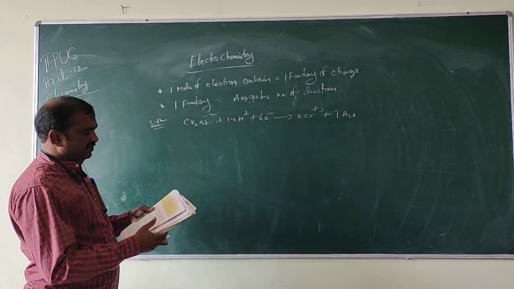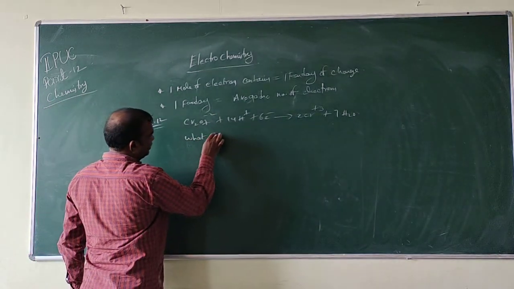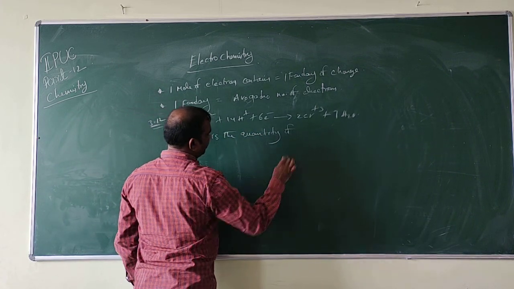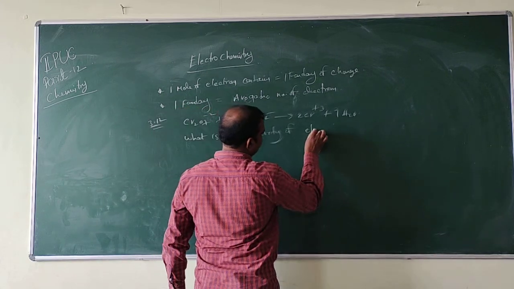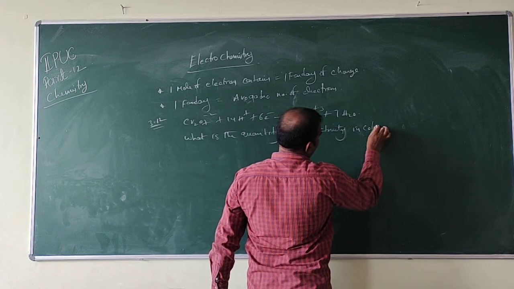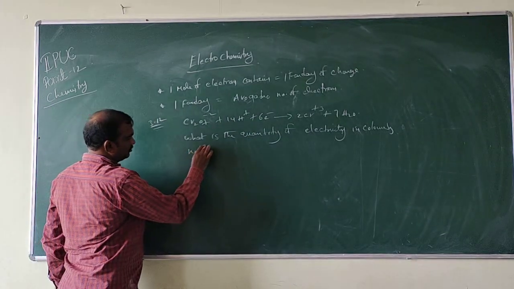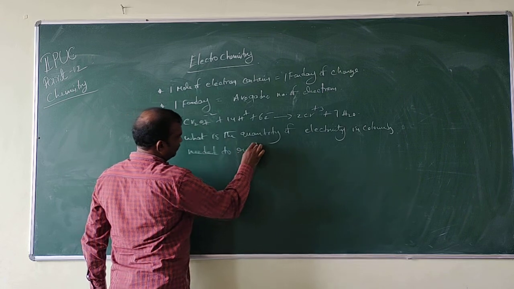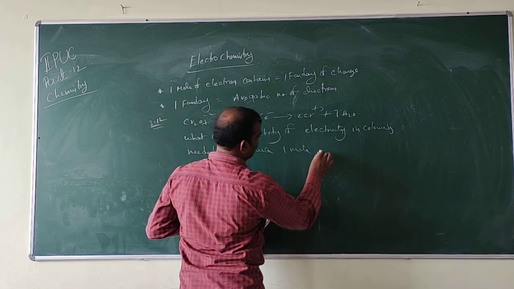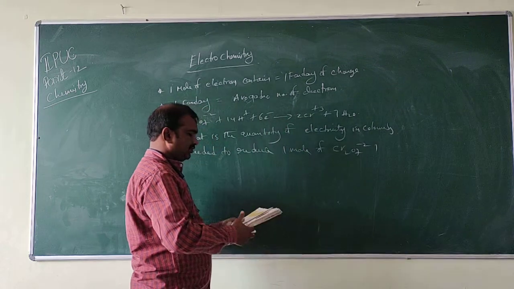What is the quantity of electricity in coulombs needed to reduce 1 mole of Cr2O7 minus 2 ion?